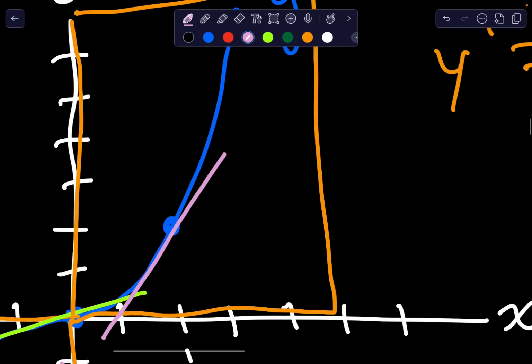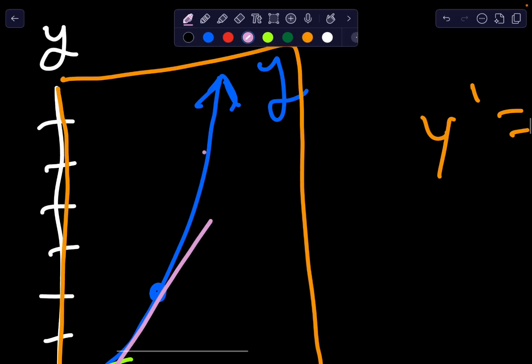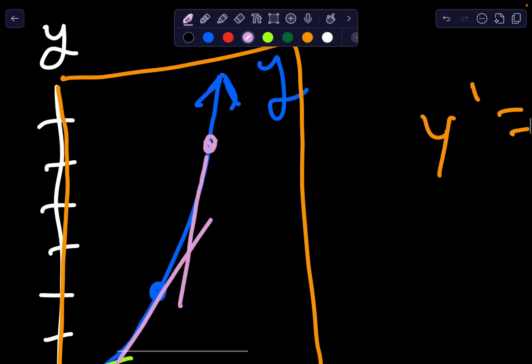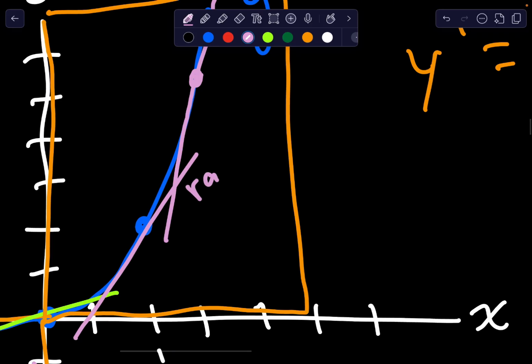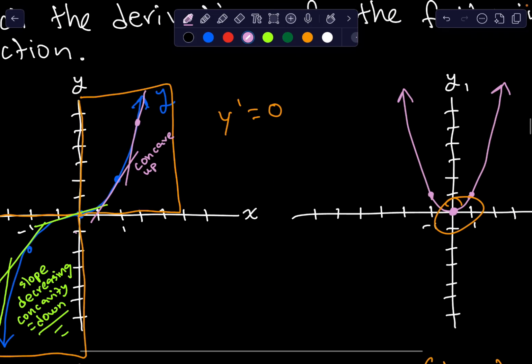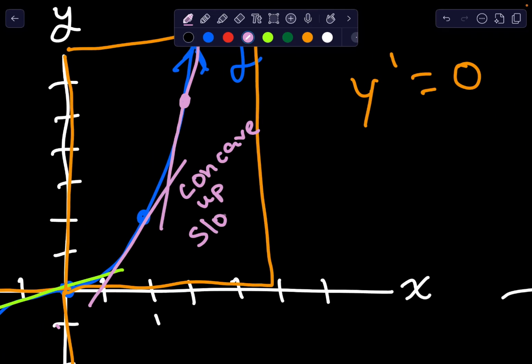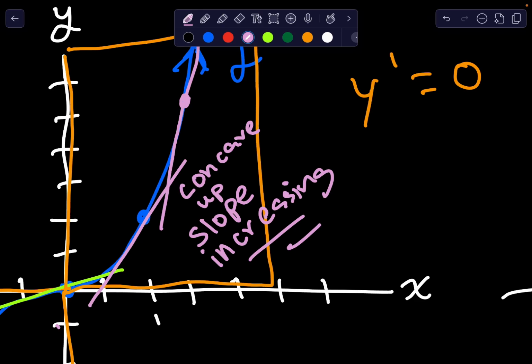But then if we draw a point up here, our slope is even greater, which is to say our rate of change of the slope, meaning our first derivative, is increasing, which means we are concave up. It is concave up because our slope is increasing. We are becoming more and more positive.